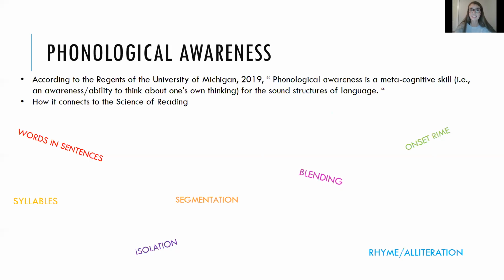It's going to be the words and sentences, the syllables, isolation, segmentation. I'm sorry, I can't ever say that one. Blending, the rhyme and alliteration, and onset rhyming. Okay, that's all going to be a part of the phonological awareness. And it connects to the science of reading because everything ties together. It's going to be every part of the science of reading. It's going to be the little parts tied in.